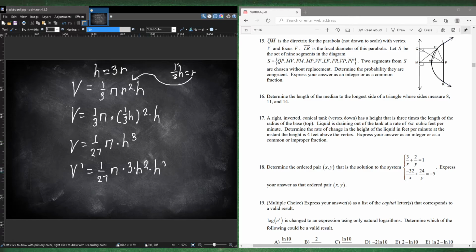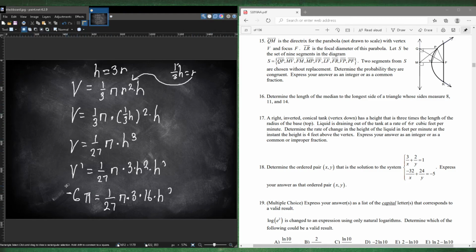So that means h is 4, and your change in volume is negative 6 pi because it's losing liquid, so you're having negative volume change. So negative 6 pi is equal to 1 over 27 pi times 3 times 4 squared, which is 16, times the change in height. So all we have to do is just solve for that variable.